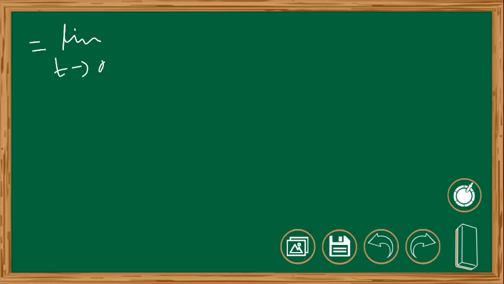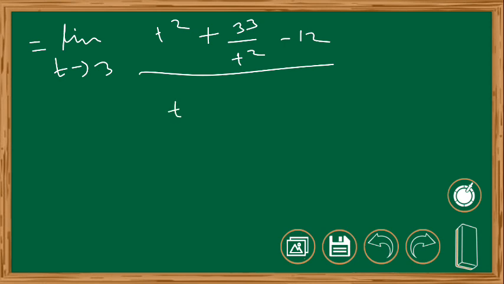Now what I will have, 3 to the power x will be t square, plus this one is 3 cube divided by 3 to the power x, which is t square again, minus 12, whole divided by t square to the power minus half, and minus 3 divided by t square.